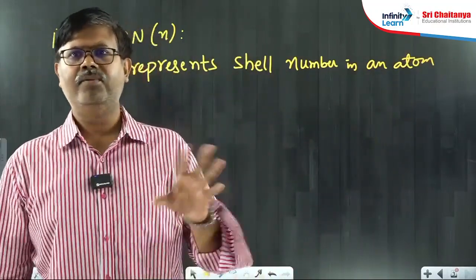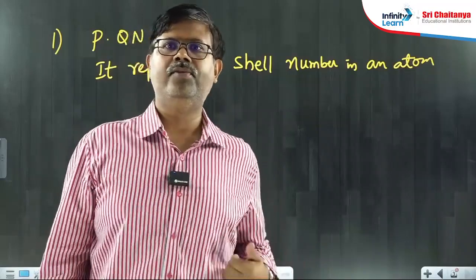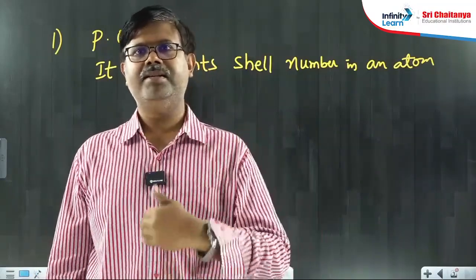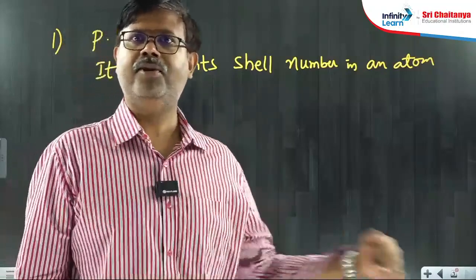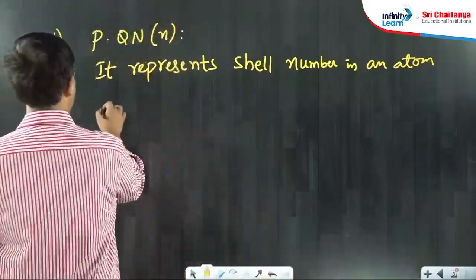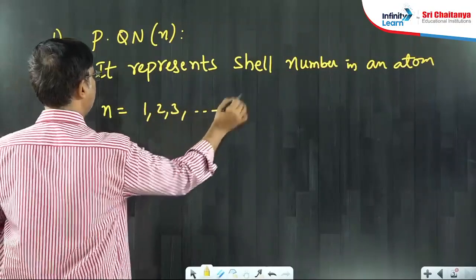And here we represent shells with numbers 1, 2, 3, 4 like that. So the cities in the atom are represented as numbers 1, 2, 3, 4 like that. So n values start with 1, 2, 3, 4 like that.